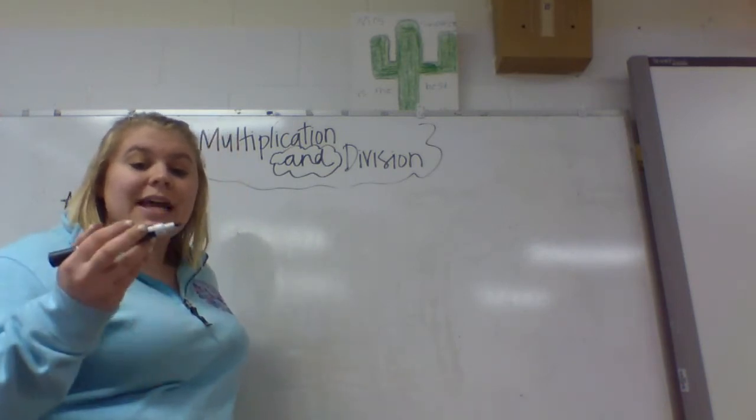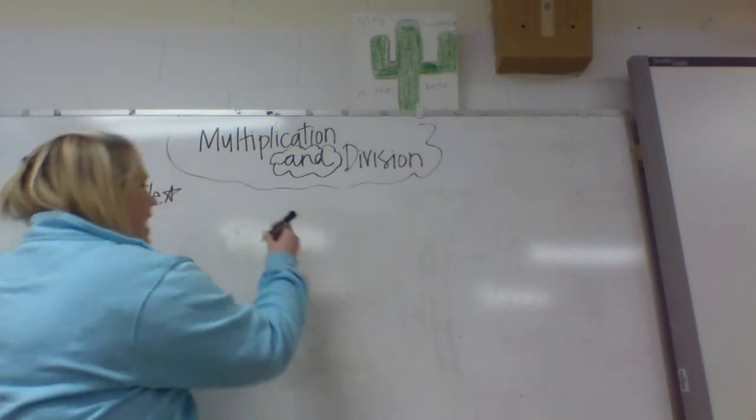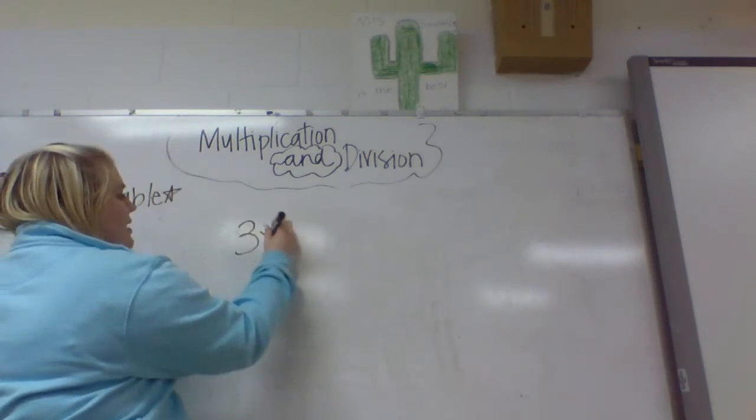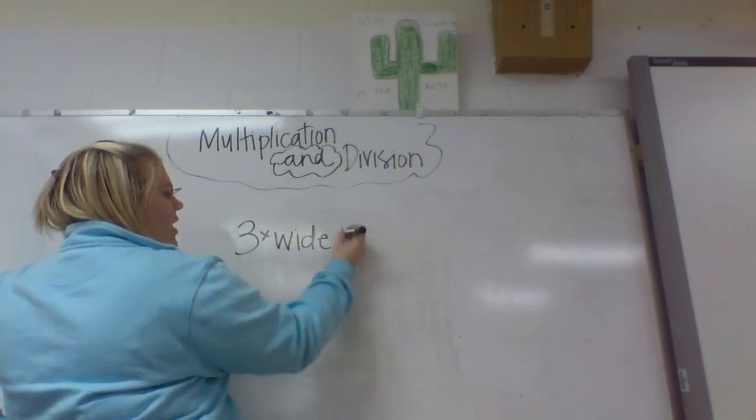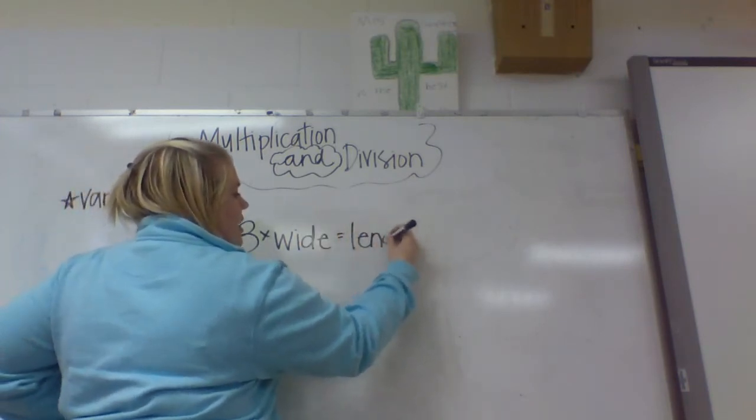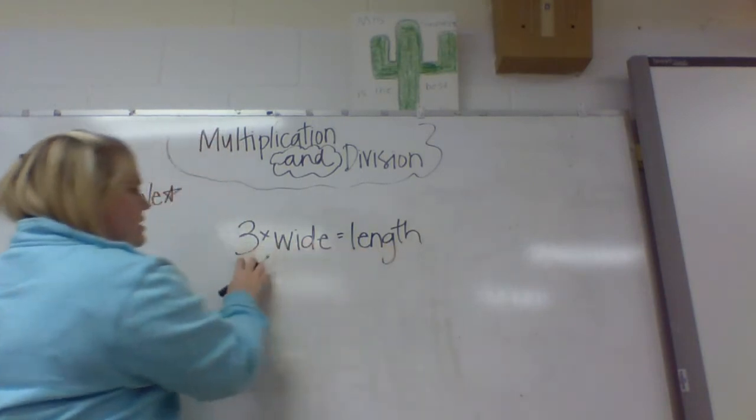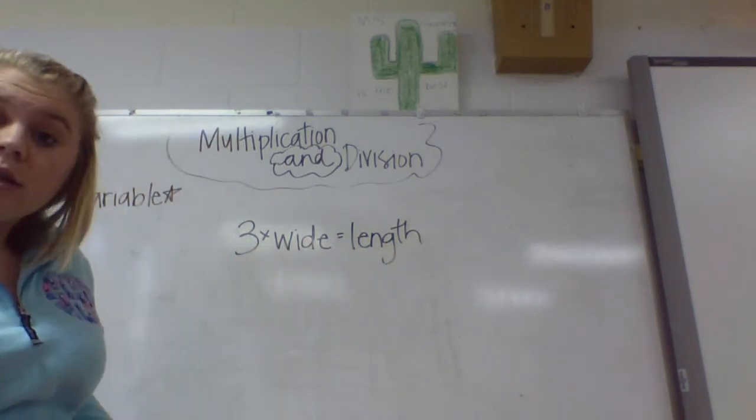So that means it is longer than it is wide, and we have to do 3 times the width to give us the length, because we know that the length is 3 times the width.